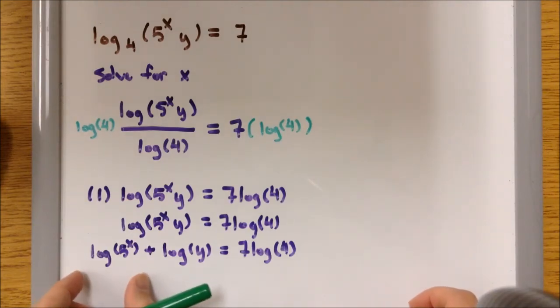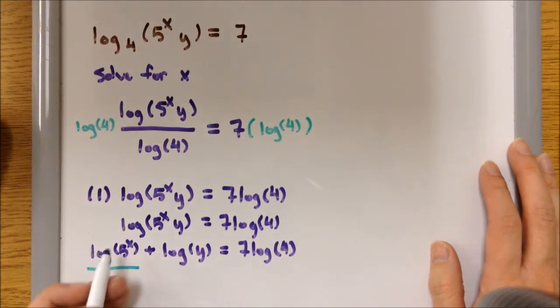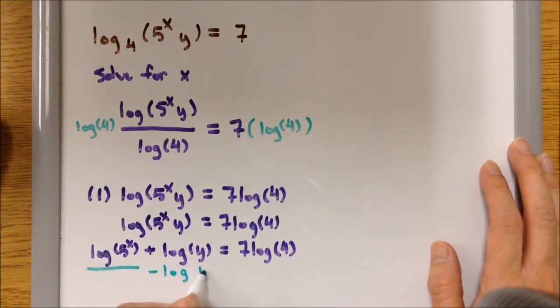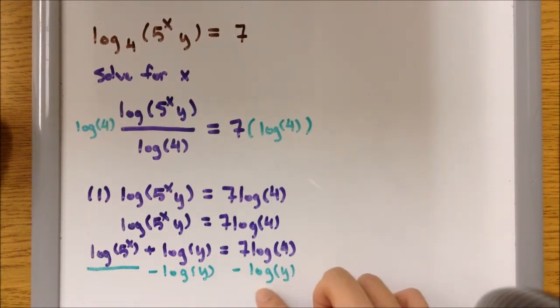Next, we need to get this by itself on the left side. So I need to get rid of log of y. So I'm going to subtract log of y, because it looks like just a regular equation, subtracting both sides. Now here, the log, it's 7 log of 4, and then here is log of y.